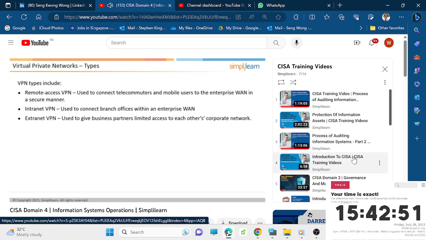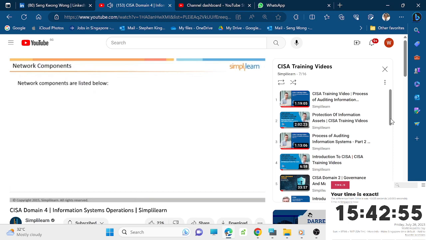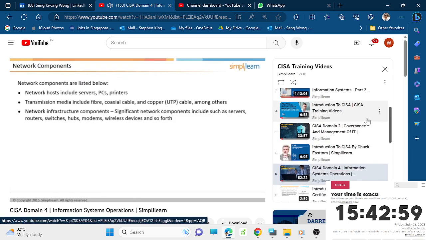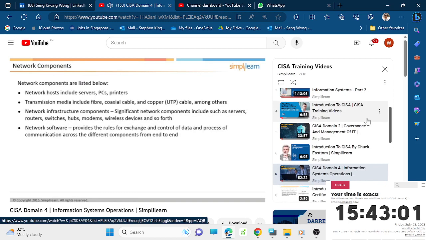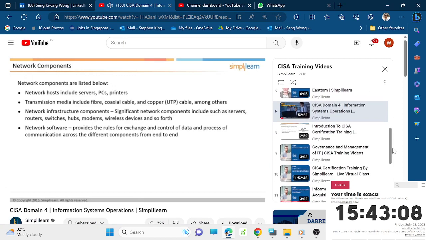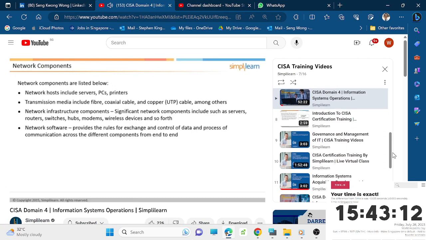In the next screen, let us look at network components. Network components include network hosts, transmission media, network infrastructure components, and network software. Network hosts include servers, PCs, and printers. Transmission media includes fiber, coaxial cable, and copper UTP cable, among others.